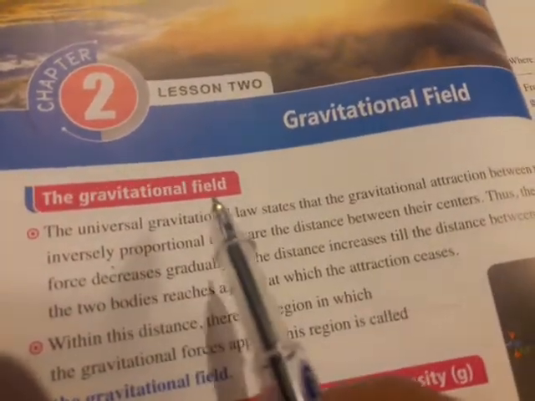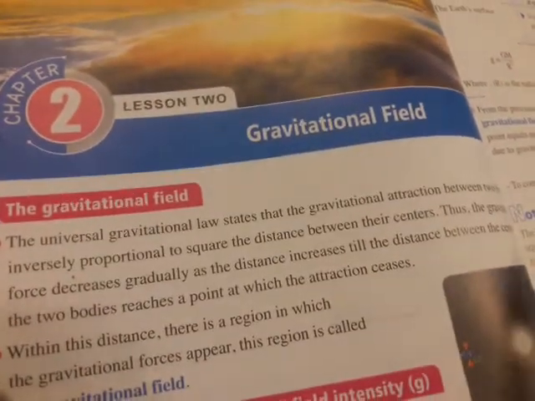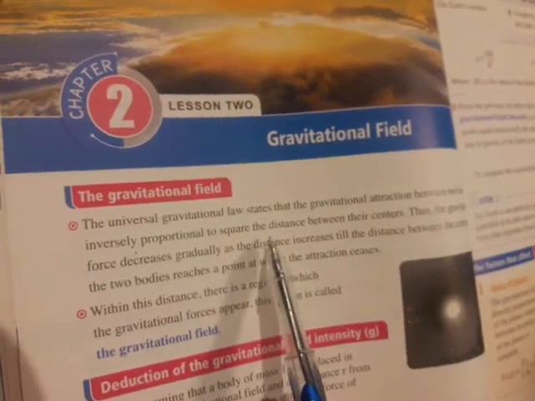The gravitational field. The universal gravitational law states that the gravitational attraction between two bodies is inversely proportional to the square of the distance between their centers.